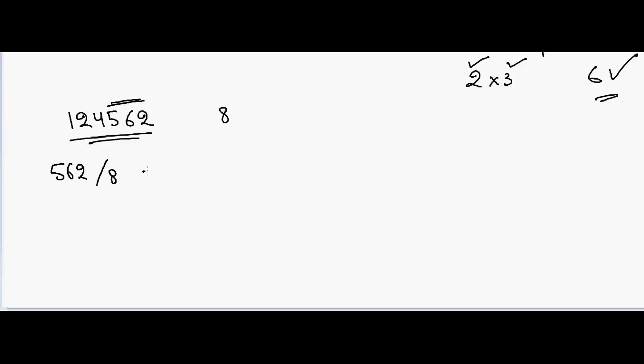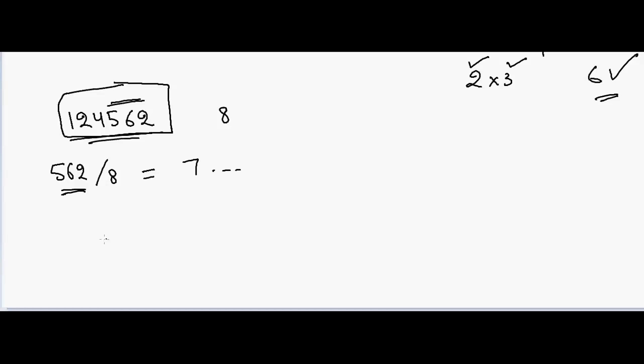So if we divide it by 8, I can see that we get 7 and then something which is not divisible by 8. So this number is not divisible by 8, so this whole number should not be divisible by 8.